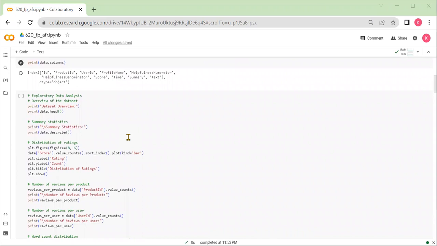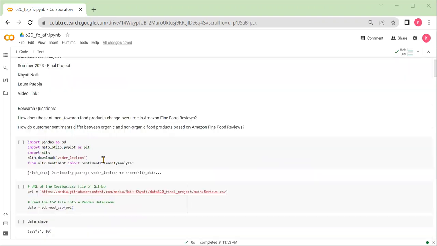During our exploratory data analysis phase, we delved into the data set to gain a better understanding of its characteristics and provide insights into customer sentiments. One of the crucial aspects we examined was the distribution of ratings, which served as a proxy for gauging the overall satisfaction level of customers.